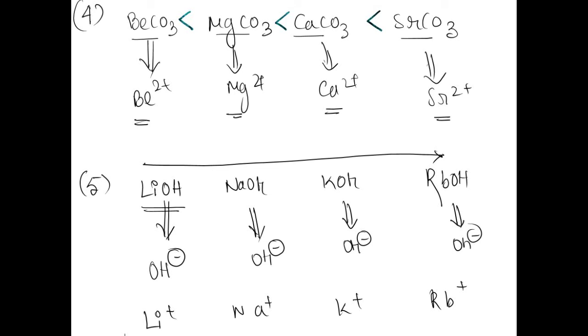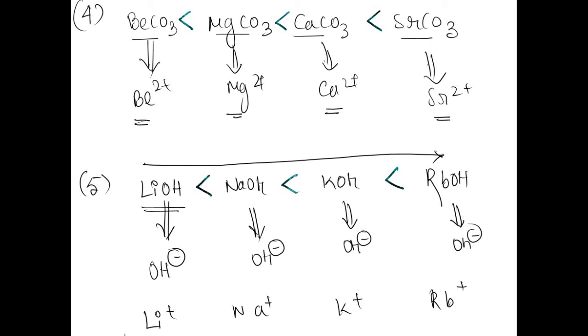That's why with more tendency of forming the cation, there is more tendency of forming hydroxide ion also. So the basic strength, in increasing order from left to right, will be lithium hydroxide, sodium hydroxide, potassium hydroxide and rubidium hydroxide.